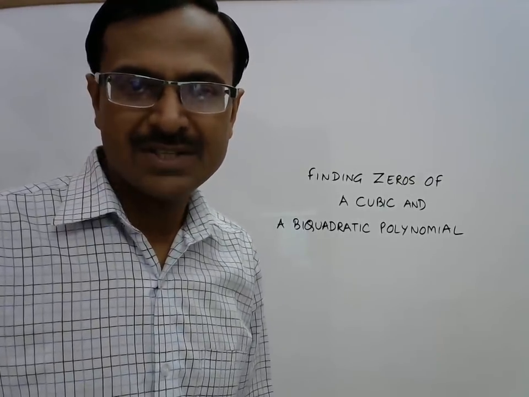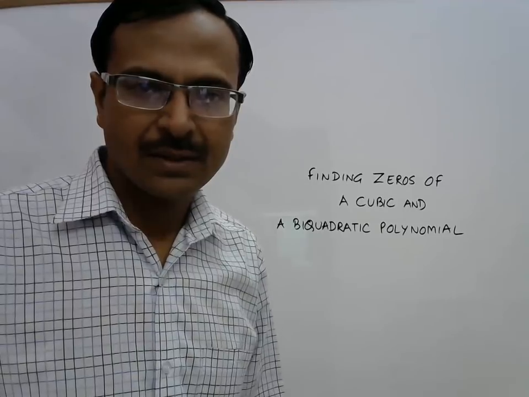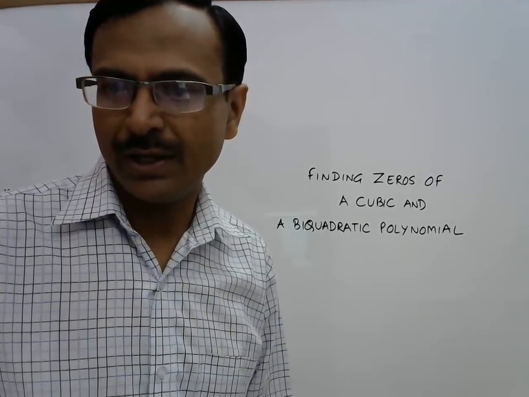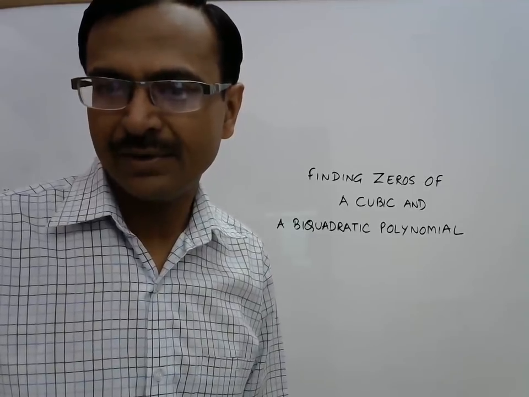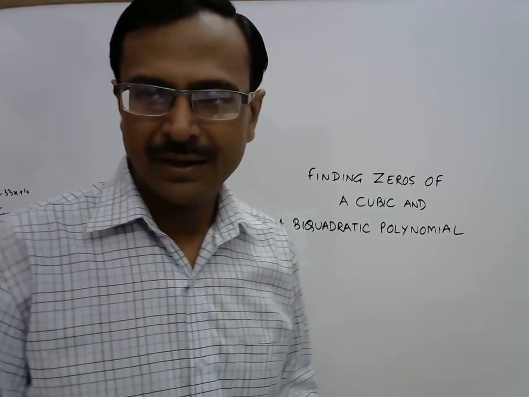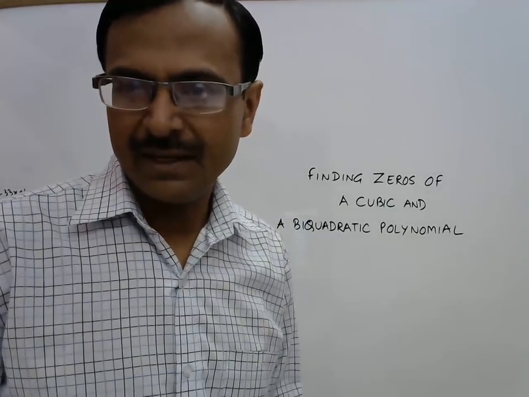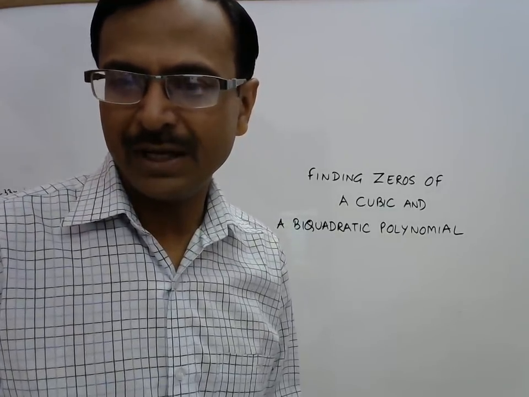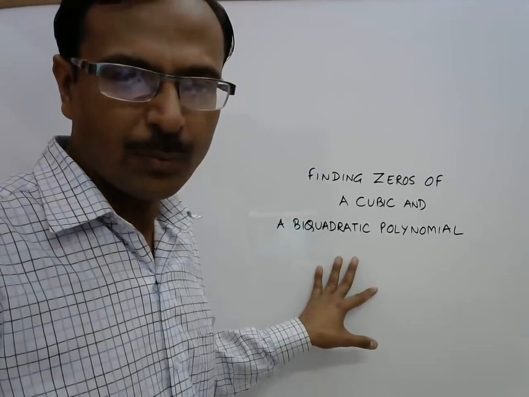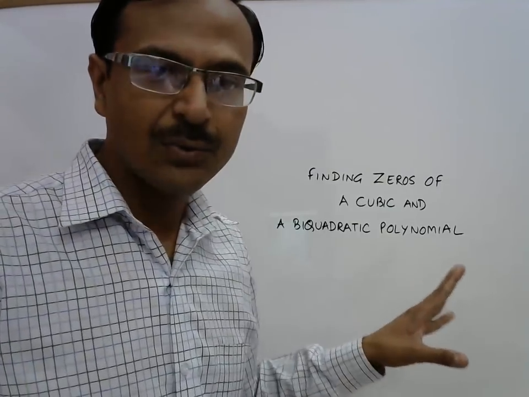So let me just tell the concept for the benefit of those who have joined in today itself: a cubic polynomial is basically a polynomial of degree 3 and a biquadratic polynomial is a polynomial of degree 4.